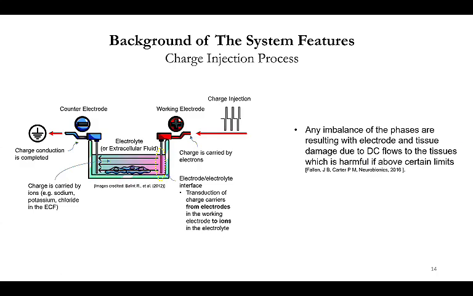So the idea is that it's just an illustration. In here, we have a working electrode and a counter electrode. We will drive the working electrode with constant current stimulation signals, and after injection, at the electrode interface, the electrons will flow through the extracellular fluid and reach the counter electrode, and this circuit will complete with this two electrode combination.